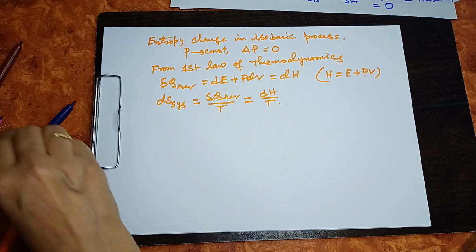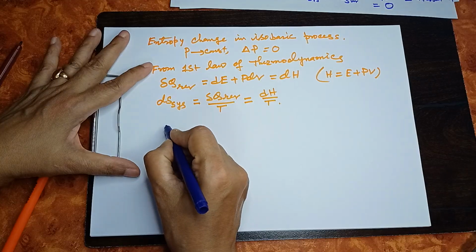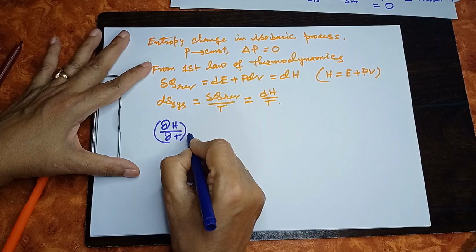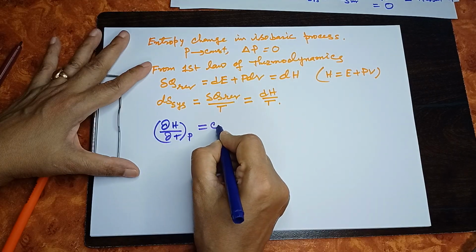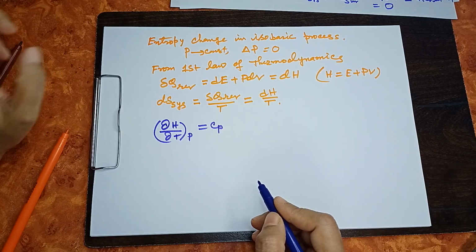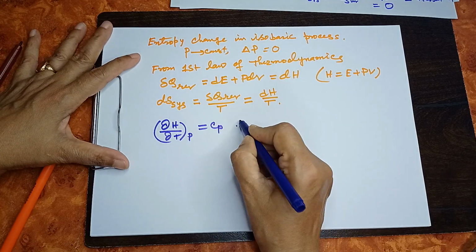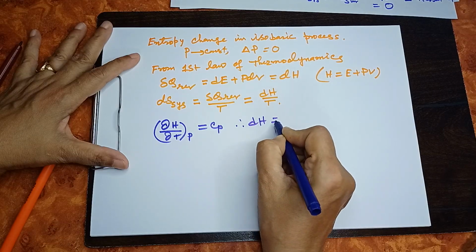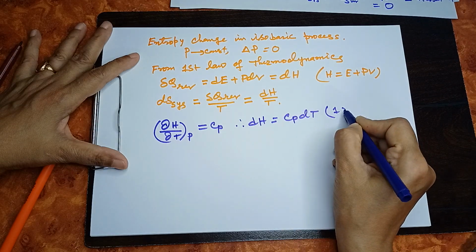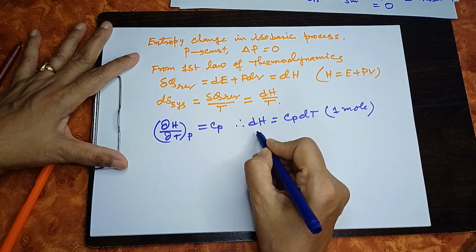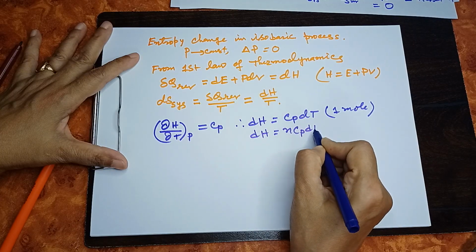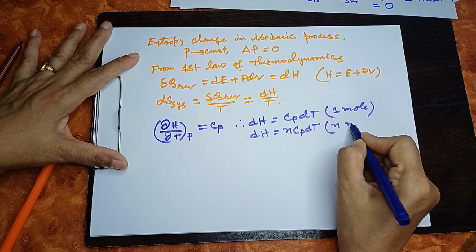Now we know that del H by del T at constant pressure is equal to Cp, the molar heat capacity at constant pressure. So therefore dH is equal to Cp dT for 1 mole, and dH is equal to nCp dT for n moles.